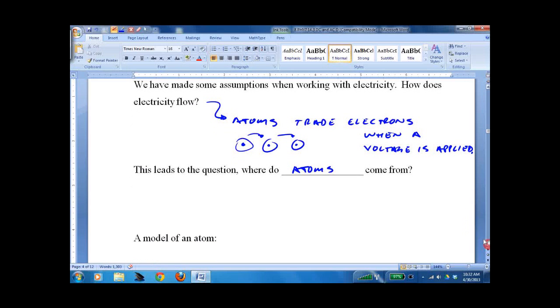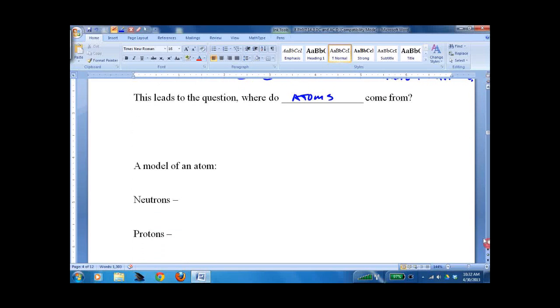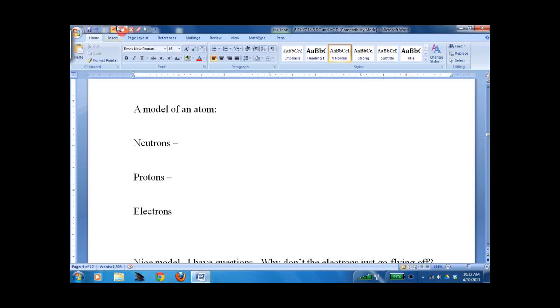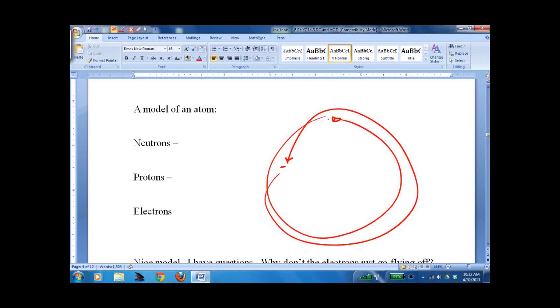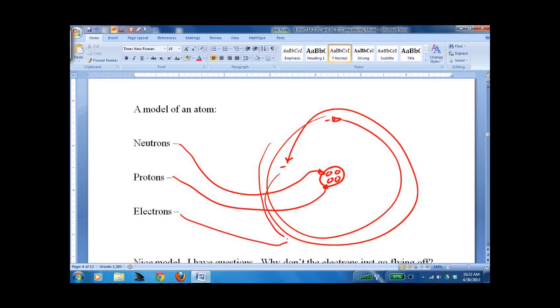Well, that takes us back, which we've done this already, so I'll be very brief. We need a model of the atom. We have all these electrons flying around. They're negatively charged, and inside this tiny little nucleus we have protons and neutrons. And then the electrons are the ones flying around the outside. Most of the mass, almost all the mass, is in the nucleus, and then the electrons just fly around the outside.